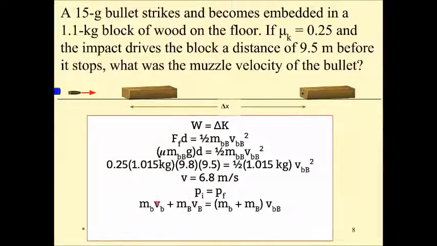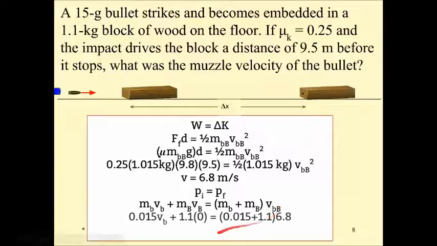The bullet's velocity, v sub b, is what we'll be trying to get right there. That's going to be equal to the momentum afterwards, which is the sum of the two masses times the velocity of the two, which we're going to use the 6.8 down there.